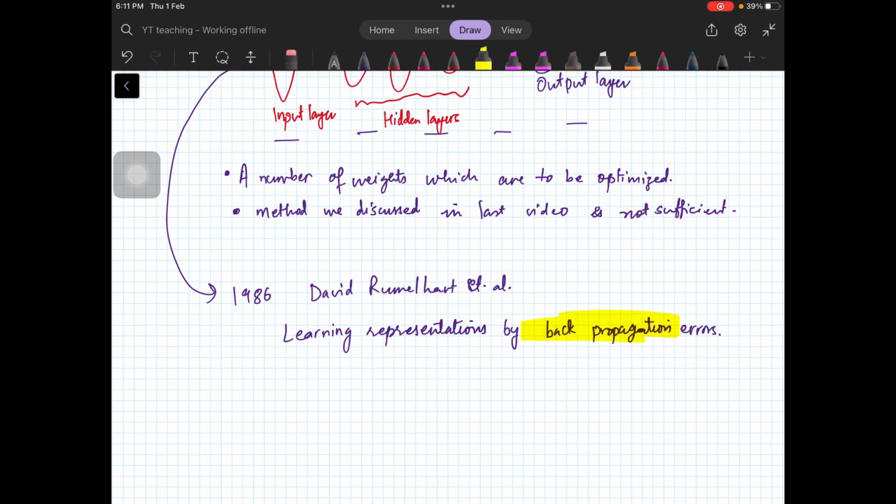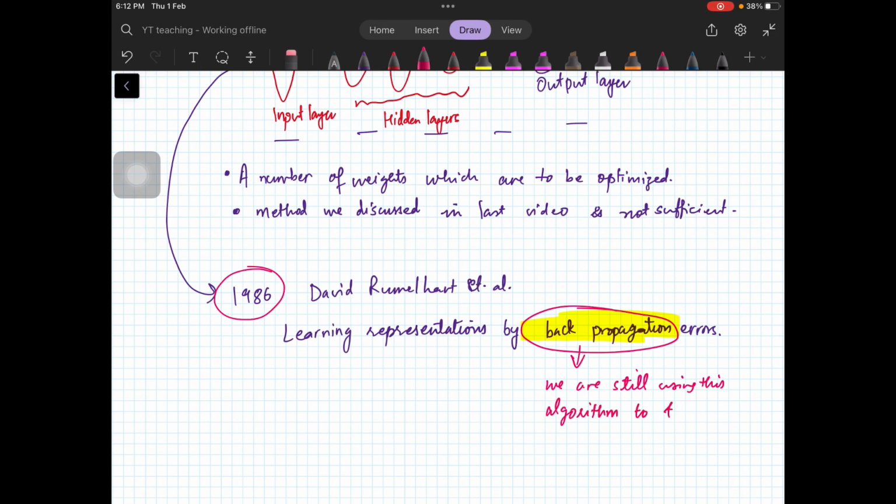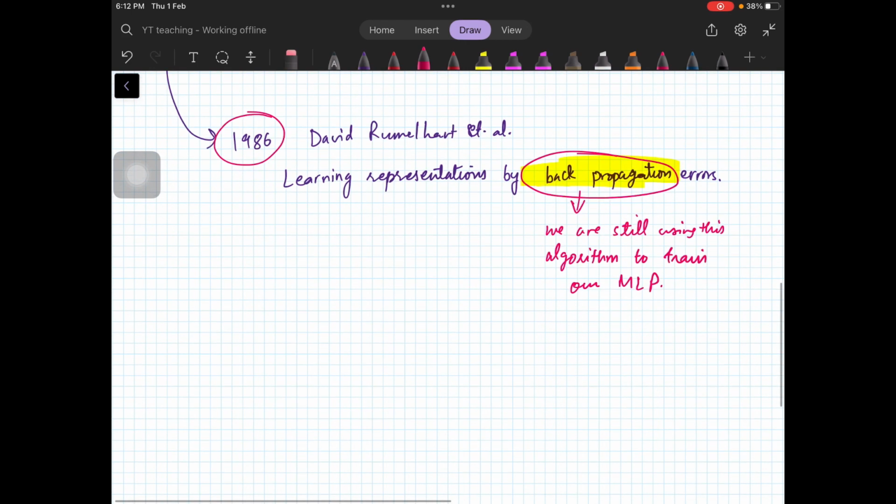They coined this term back propagation, and we are still using this algorithm, introduced in 1986, to train our multi-layer perceptrons.